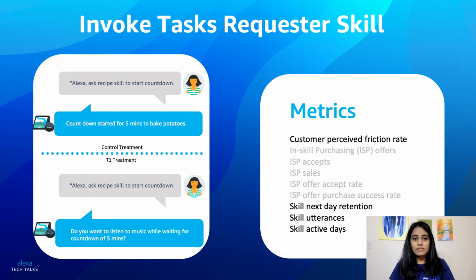The skill endpoint is sending a directive to Alexa to skill with only countdown in control and countdown with music in treatment. For these use cases, you can use skill next day retention, skill utterances, and skill active day metrics to measure the success of A/B testing on task usage and requester skill.